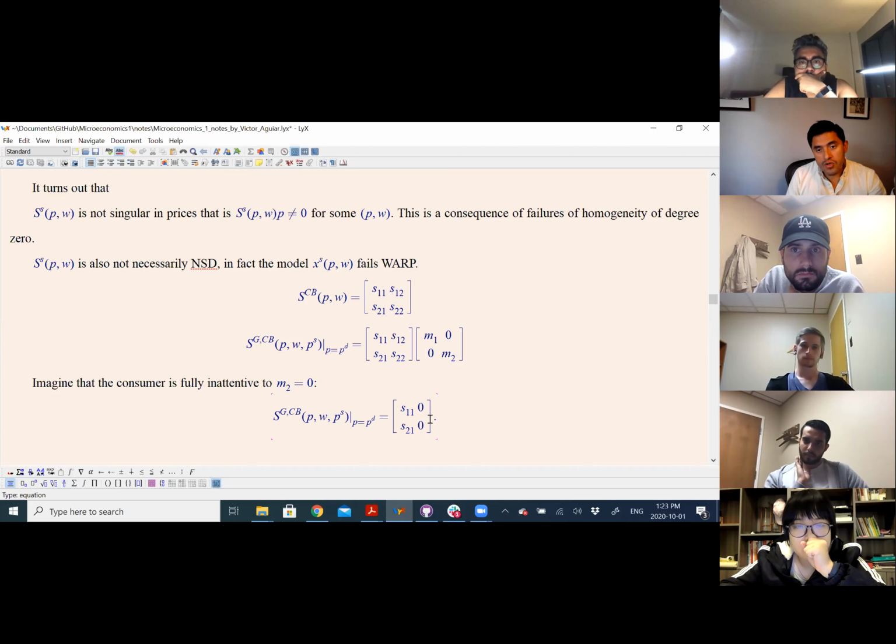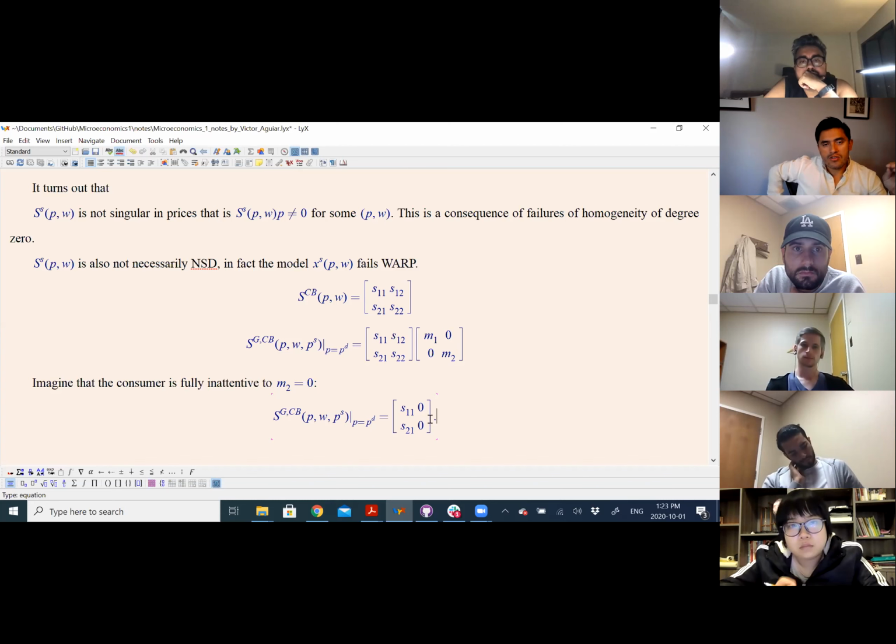It's really cool, because that case is actually very interesting. As long as inattention in this model, this is a special case, is the same across the two goods, then your behavior is still rational. So let's think about that. If you pay the same attention to changes in two goods, then basically there is no distortion in the relative prices.